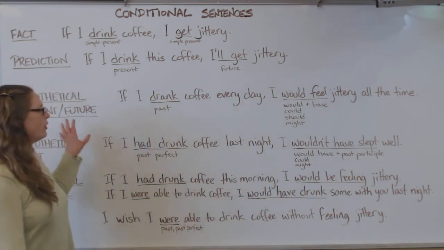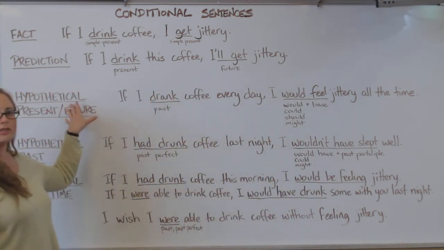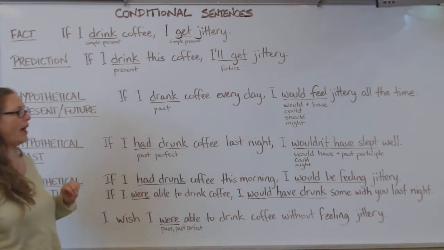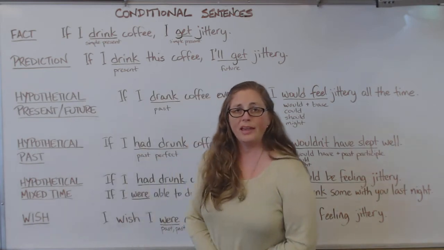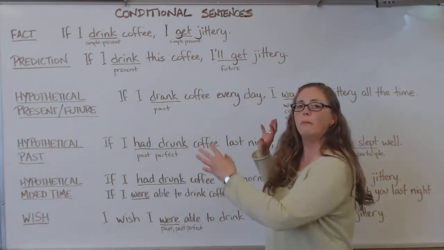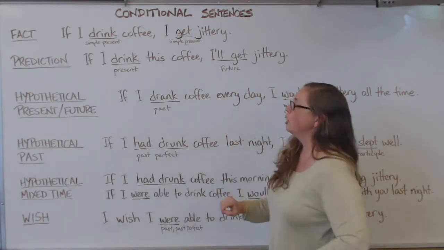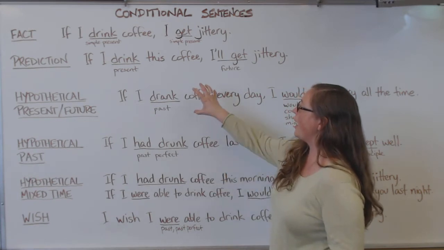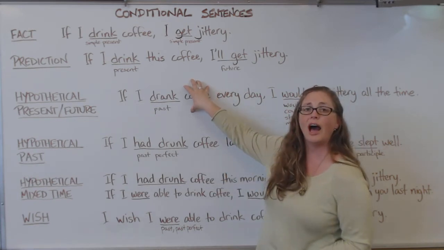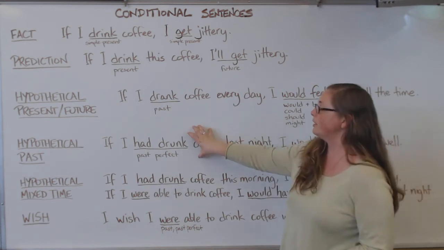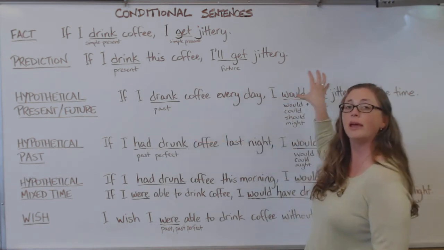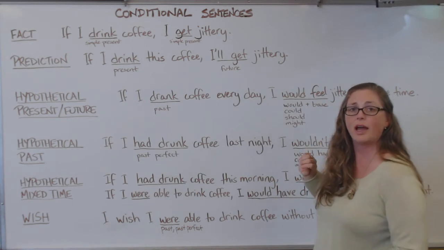All right, so these are the hypothetical, present or future, hypothetical past. Now, just to make things a little bit more complicated, it is possible to mix and match. You can have a condition from this time and a result from this time, or a condition from this time and a result from this time.